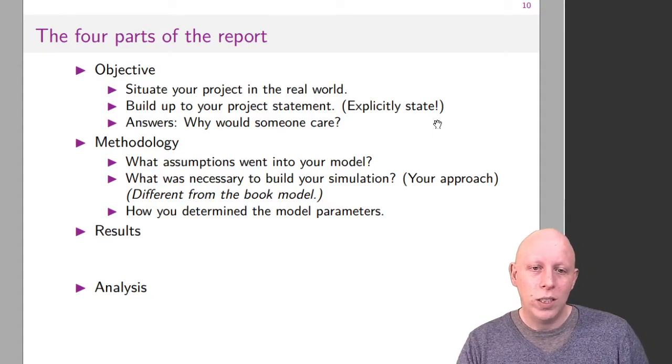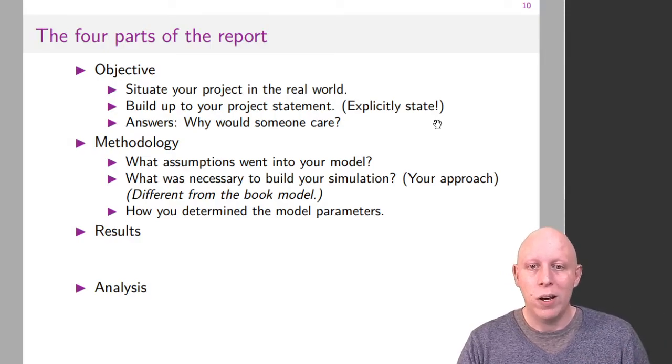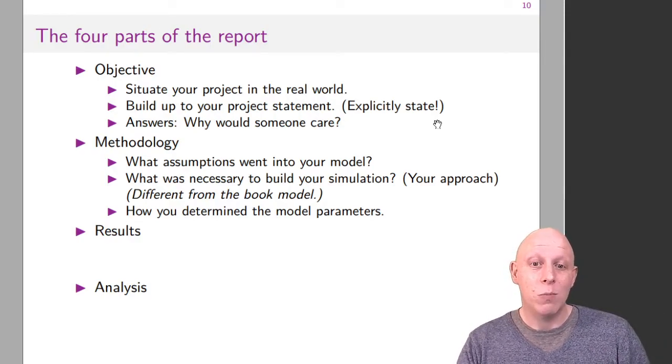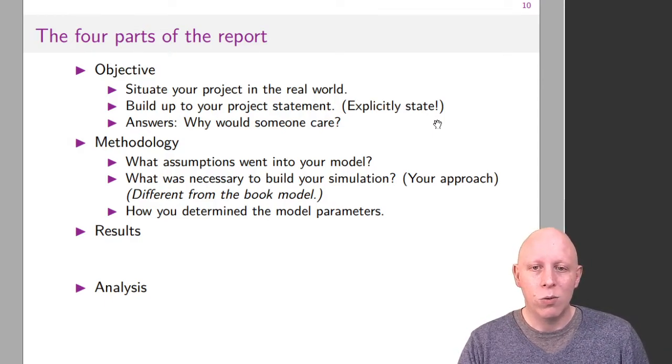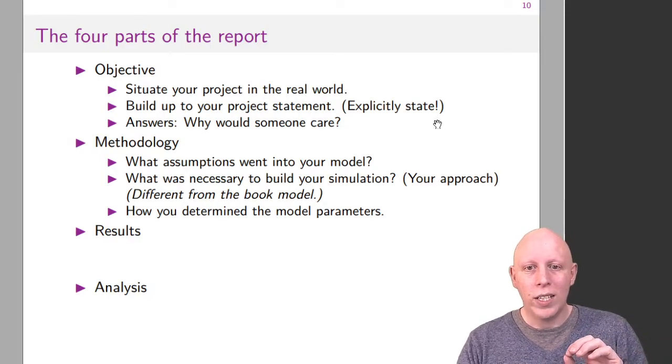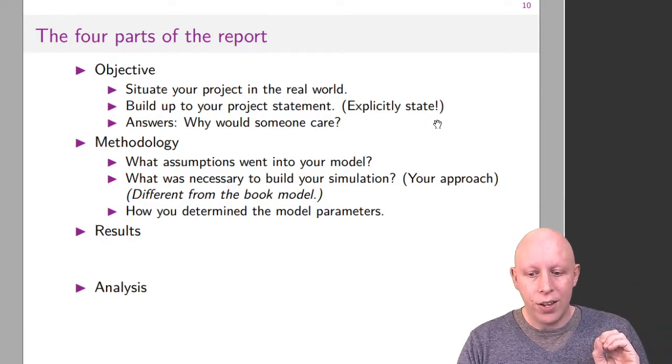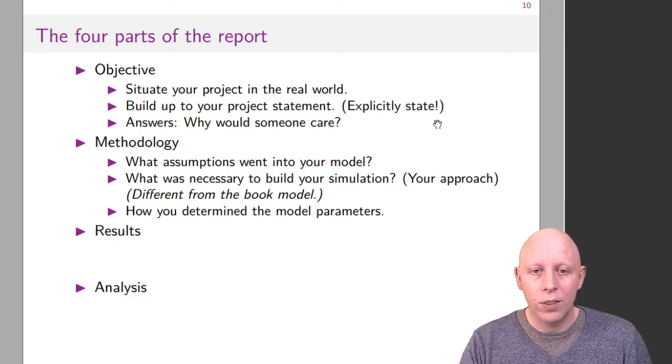Then once you've got that background about, okay, I wanted to create a simulation, well, what did you need? How did you approach the simulation process? What was necessary? What were the parameters that went into your model? What were all the different aspects of the situation that you included into the model?